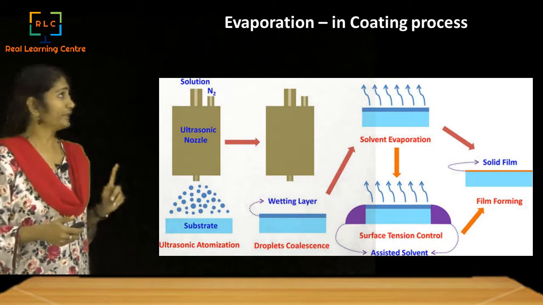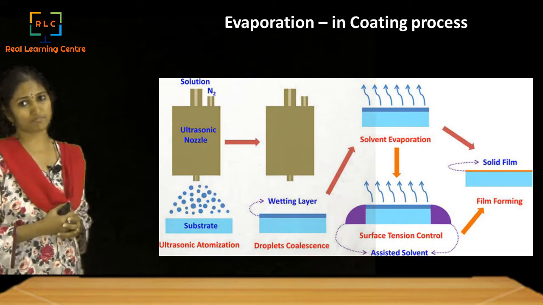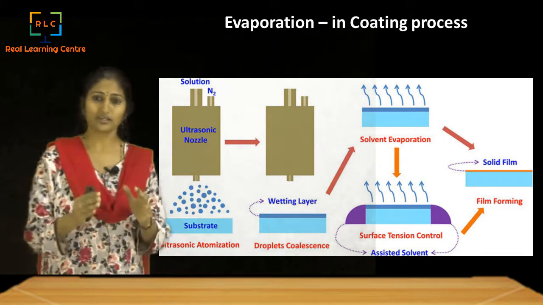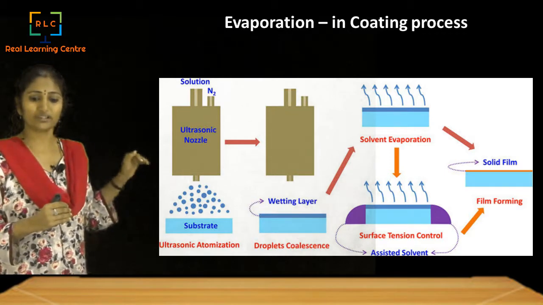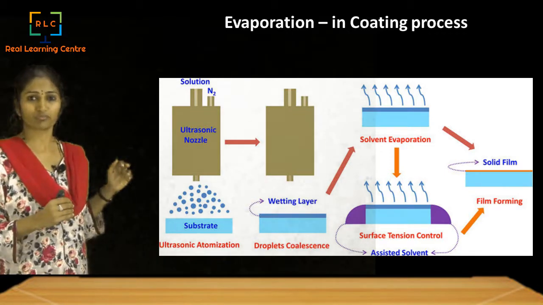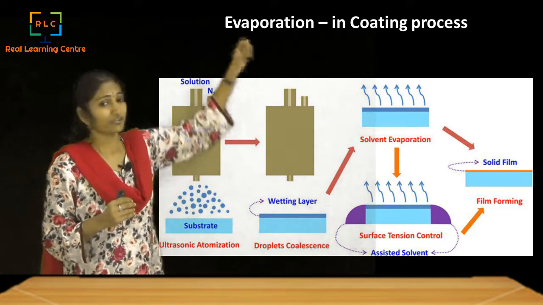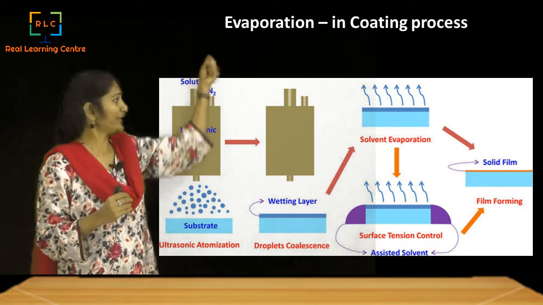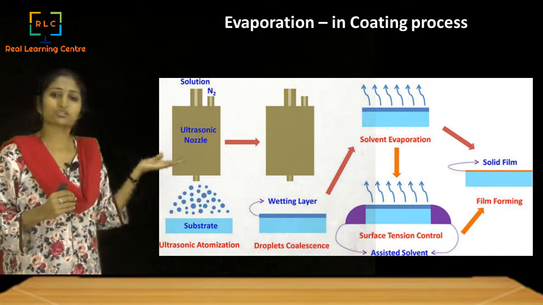In a similar way, it is also used in the coating process. Here again, the substance which has to be coated, we call it the substrate, and onto this substrate we very finely put some spray.